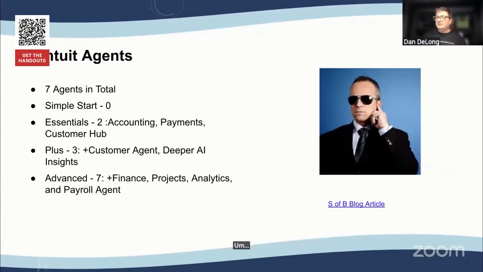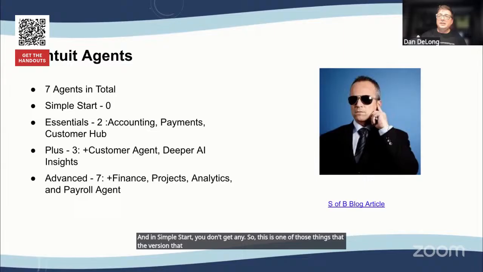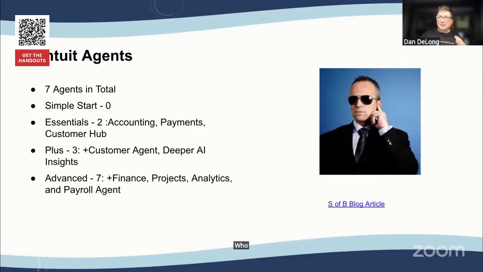We have 7 agents in total, and in Simple Start, you don't get any. So this is one of those things that the version that you have determines the amount of agents that you get. So we'll kind of unpack who these agents are, what they do, or what they're supposed to do. Now, we're not going to demonstrate any of this stuff, because by the time you experience it, you will likely see something different than what we have.